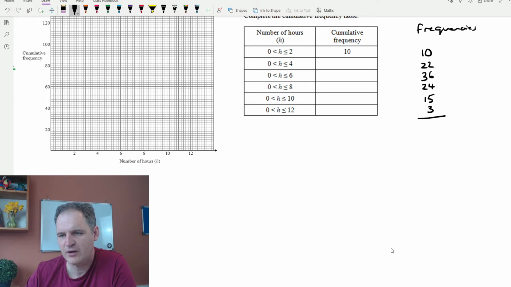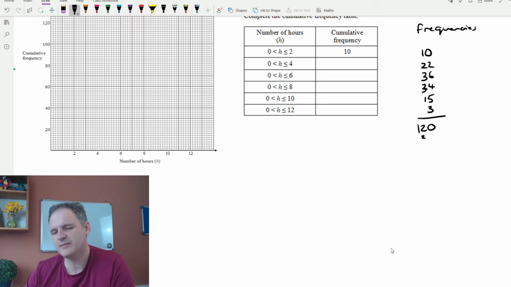That makes 120. So we can now make our cumulative frequency.